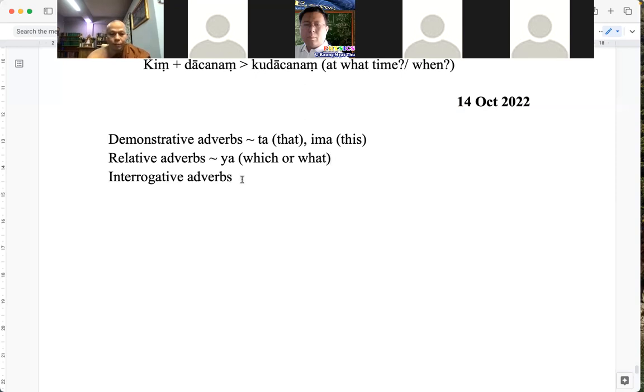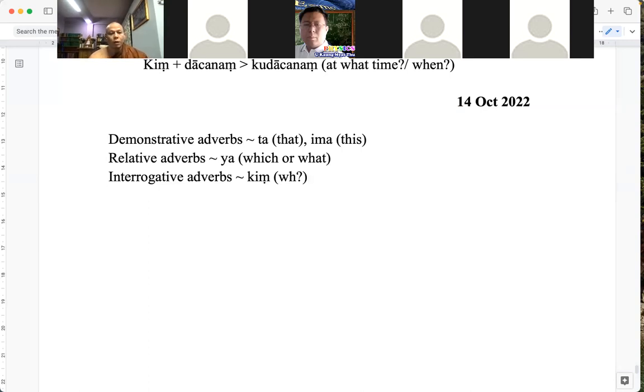Okay, no question mark, to relate sentences. But the interrogative pronouns are related to the 'ka', also which or what or when or something like that. So related to the question.